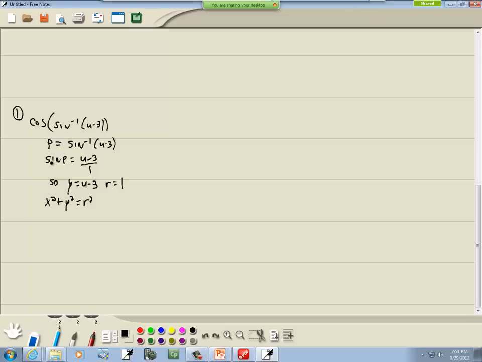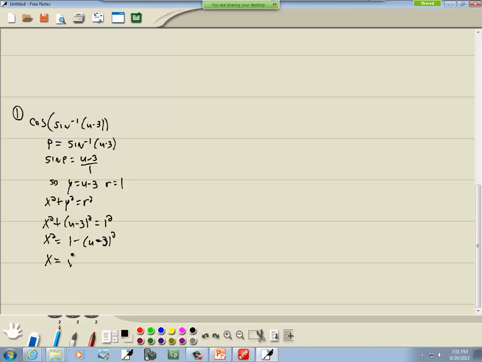Now for these, they're challenging enough as is. I don't want you to worry about the conditions, though it tells you to, and I'll mention that after I get done with this. Okay, y is u minus 3, so that's u minus 3 squared, and r is 1, so we got 1 squared. So we got x squared is equal to 1 minus u minus 3 squared.